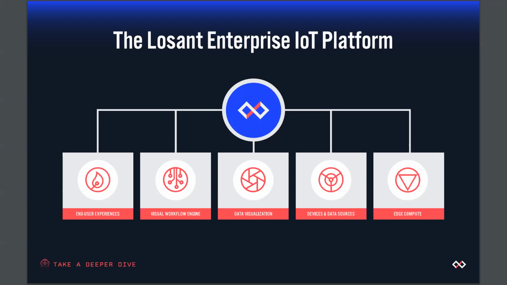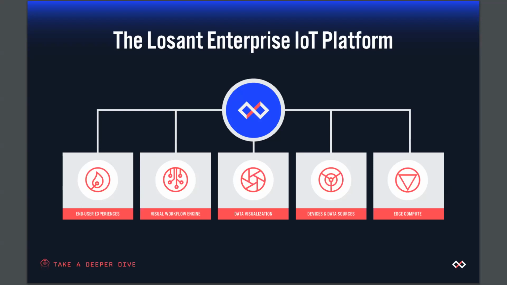We have end user experiences, which allow you to build a fully functional web interface that lets users interact with your connected devices. We have a visual workflow engine, which is the low-code brains of your connected solution. It's how you trigger email notifications, create events, send commands to connected devices, and much more. We have data visualization tools, which also includes integration with Jupyter Notebooks for more advanced analytics. These allow you and your end users to see what your connected devices are doing.